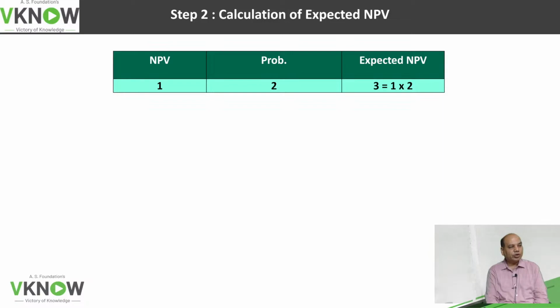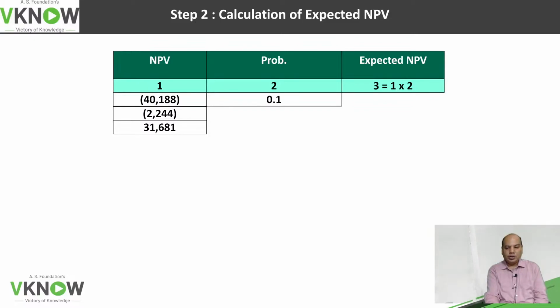Then these are the 3 NPVs computed above. Copy NPV from previous table: 40,188, negative 2244, 31,681. Then probability would be 0.1, 0.7, 0.2.